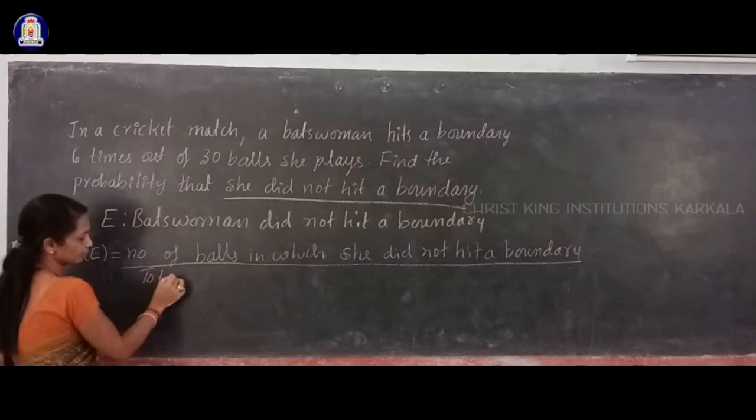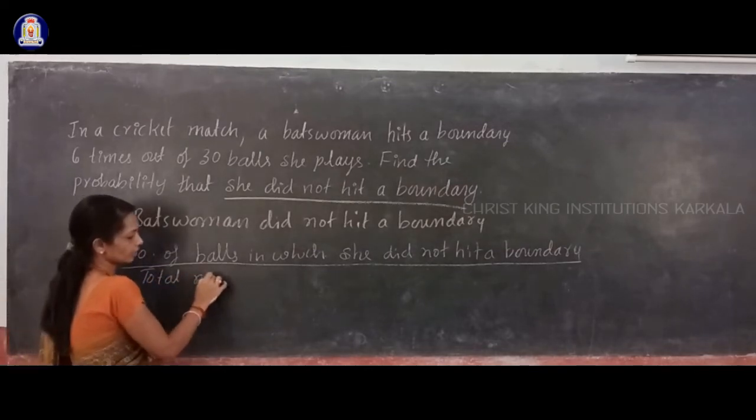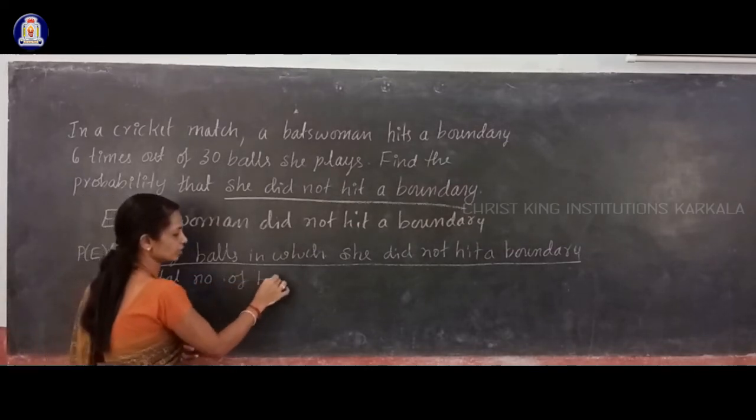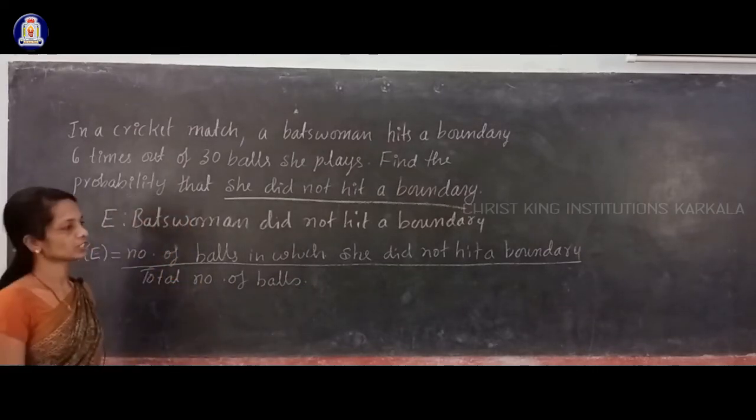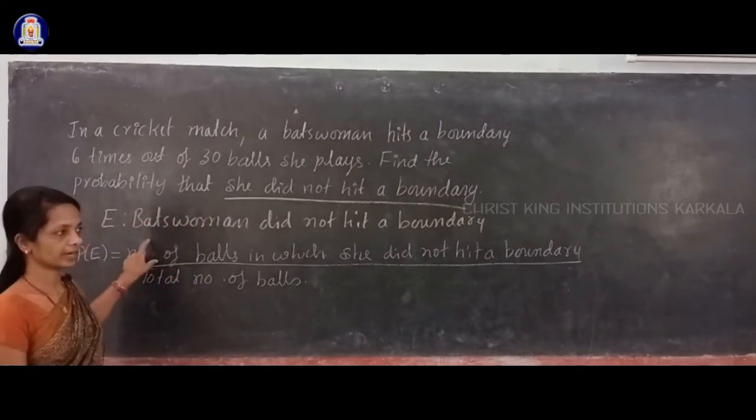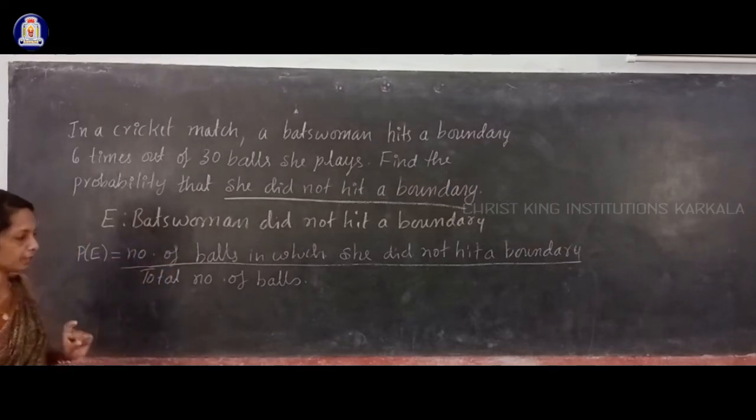Total number of trials means the total number of balls she faced. So the number of balls in which she did not hit a boundary you write in the numerator place, divided by the total number of balls.